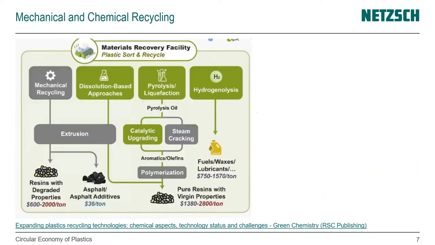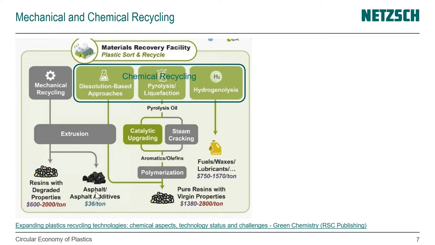And so when we think of that, when we look at the lower portion, what we really need to do is sort and recycle the plastics. And the way that we have done it since the conception of recycling is mechanical recycling, grinding it and extruding it, and then we think of it as resins with degraded properties that we can resell, or we use it as additives, for example, in asphalt.